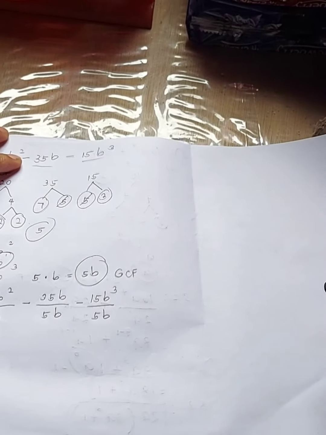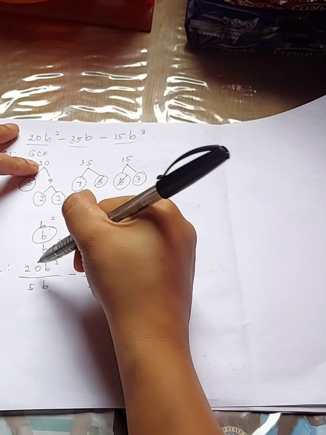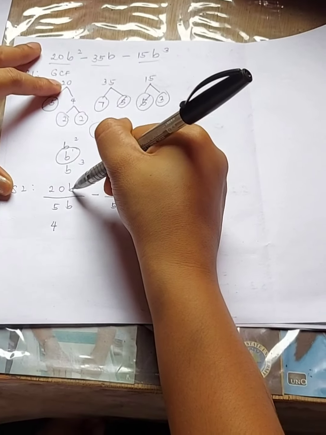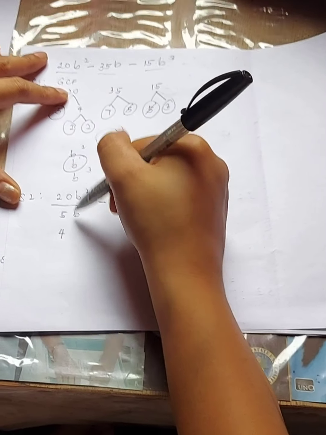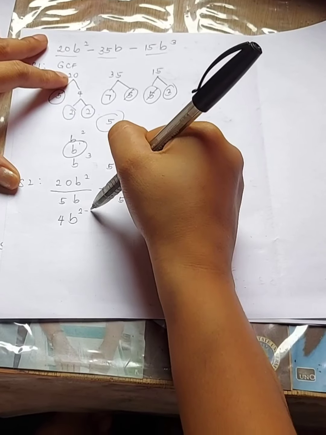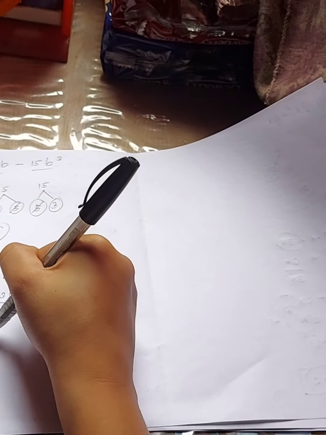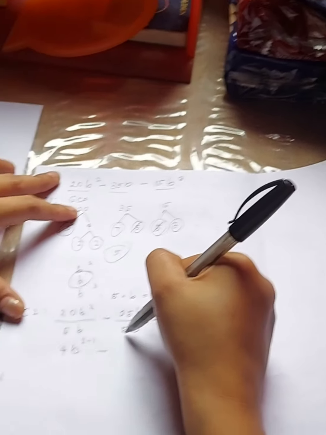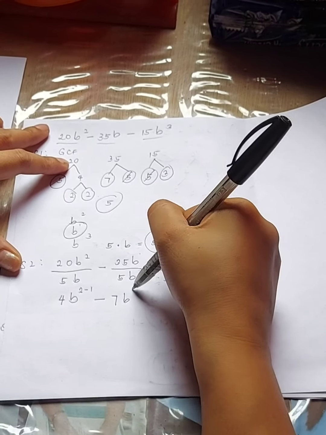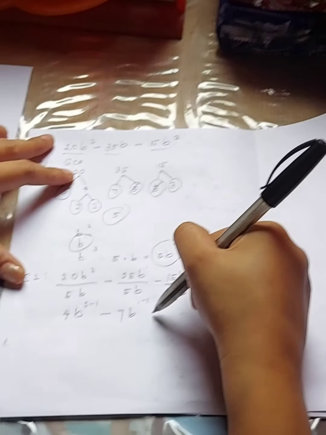Now, let us proceed to division. 20 divided by 5 is 4. b squared divided by b, copy the same base, b. Then 2 minus 1. Copy minus, 35 divided by 5, 7. Copy b. 1 minus 1.